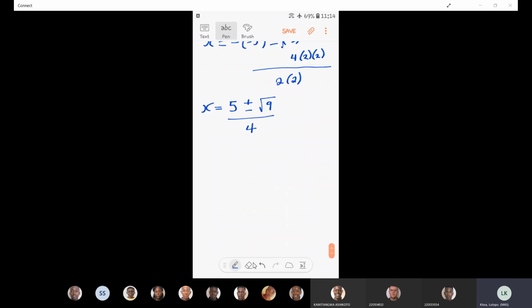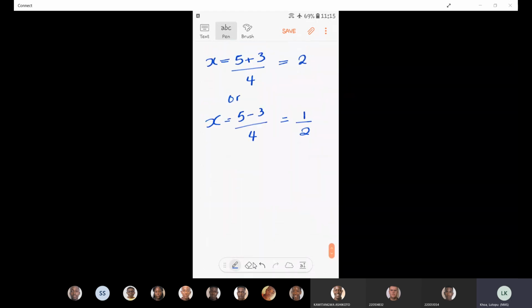So I will get x is equal to 5 plus 3 over 4, or x is equal to 5 minus 3 over 4. So this is 8 divided by 4, which is equal to 2. And this one is 2 divided by 4, which is equal to 1/2. So I can write down my 3 solutions.